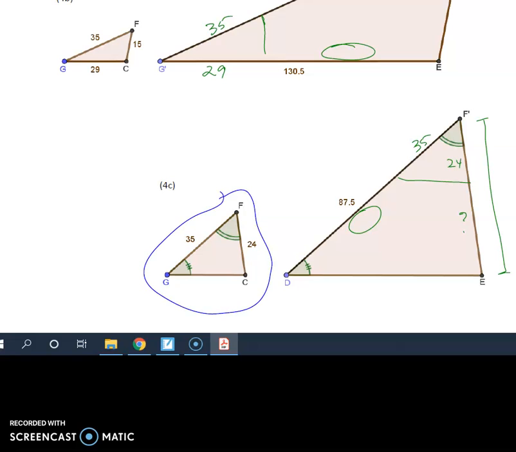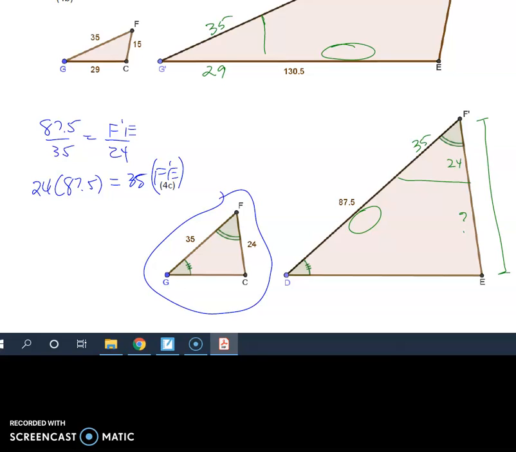So to do that, I'm going to use the same techniques that I've been using up to now, which is I'm going to circle one of the triangles and put those numbers in the denominator. The 35 corresponds to 157.5, and the 24, that side corresponds to the side that we're missing, which is the F prime E. Cross multiply, so 24 times 157.5 equals 35 times F prime E. And I'm trying to figure out again what that total length is.